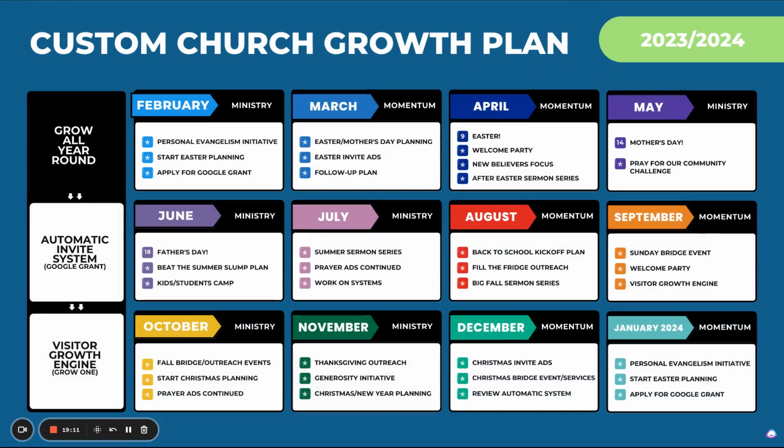And this is just a look at what this 12-month system would look like. So from February to March, we create a customized system.